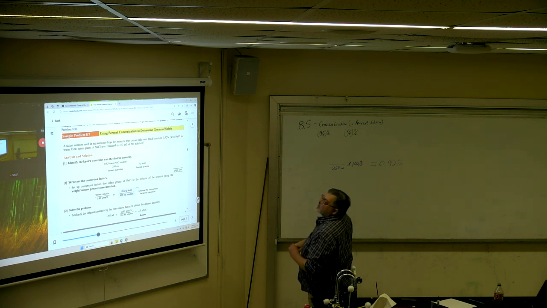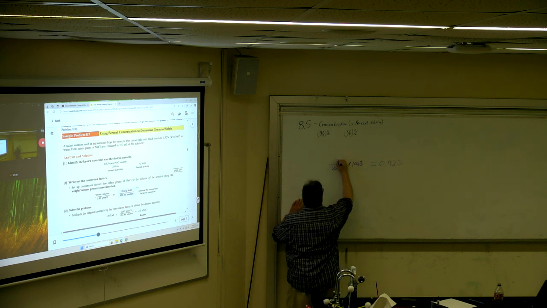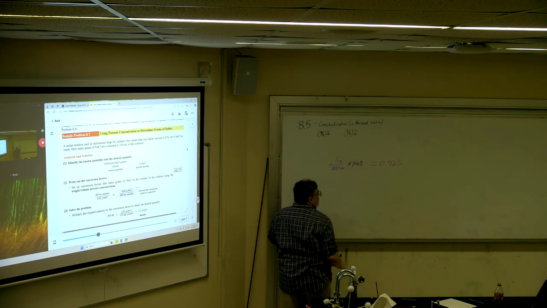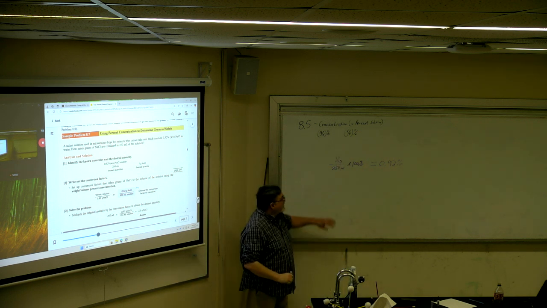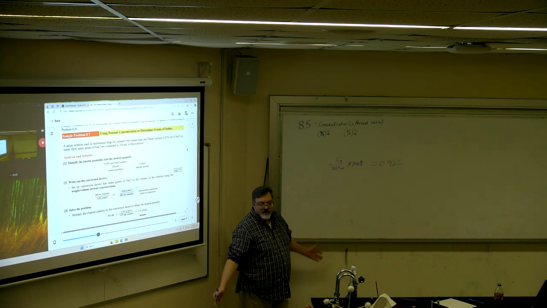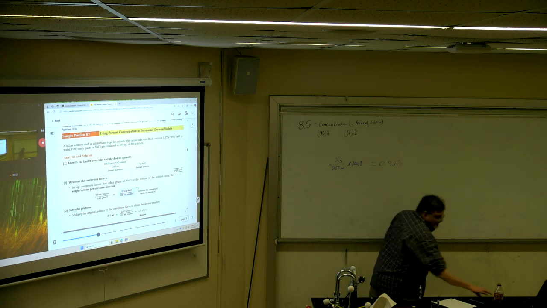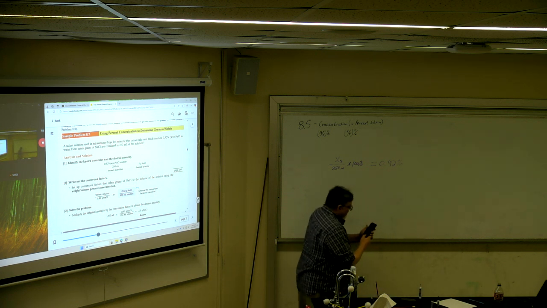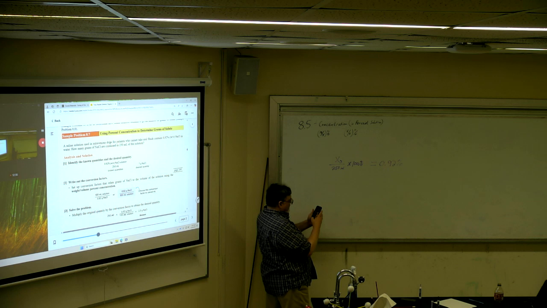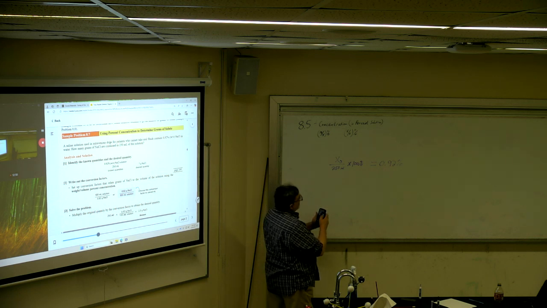Milliliters, no decimals. And just solve for x. I would just always set it up just like that, solve for x if it's something like this. So I would divide 0.92 by 100 to start, and then multiply both sides by 250.